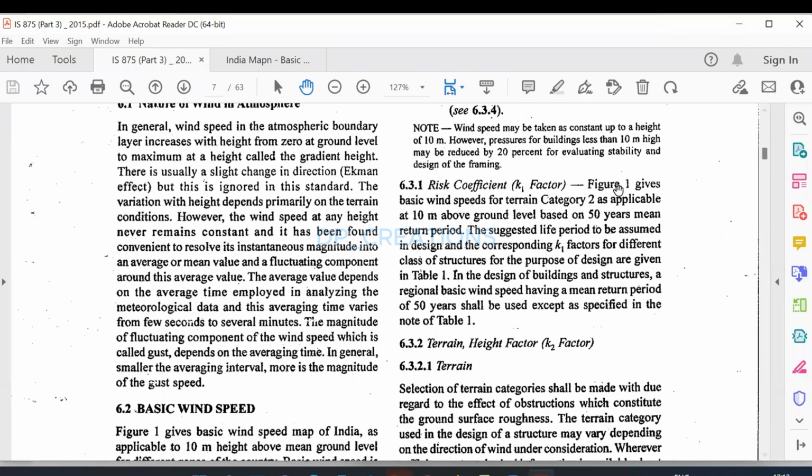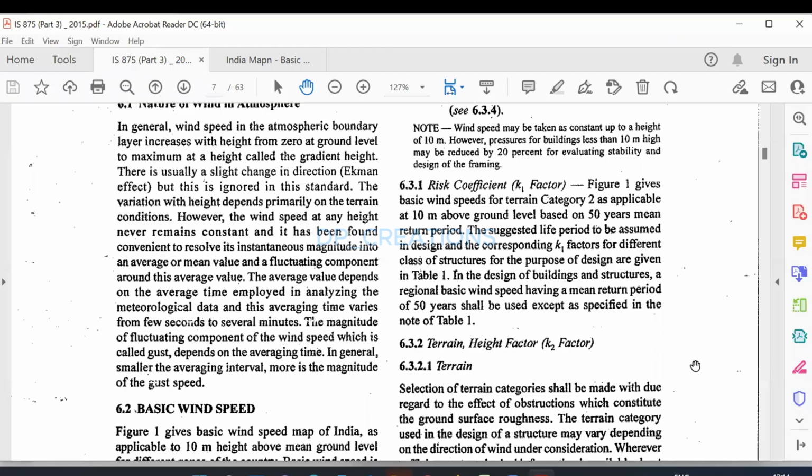Figure 1 gives basic wind speed for terrain category 2 as applicable at 10 meters above ground level based on a 50 years wind return period. The suggested life period to be assumed in design and the corresponding K1 factors for different classes of structure for the purpose of design are given in table 1. For the design of buildings and structures, the regional basic wind speed having a mean return period of 50 years shall be used except as specified in table 1.